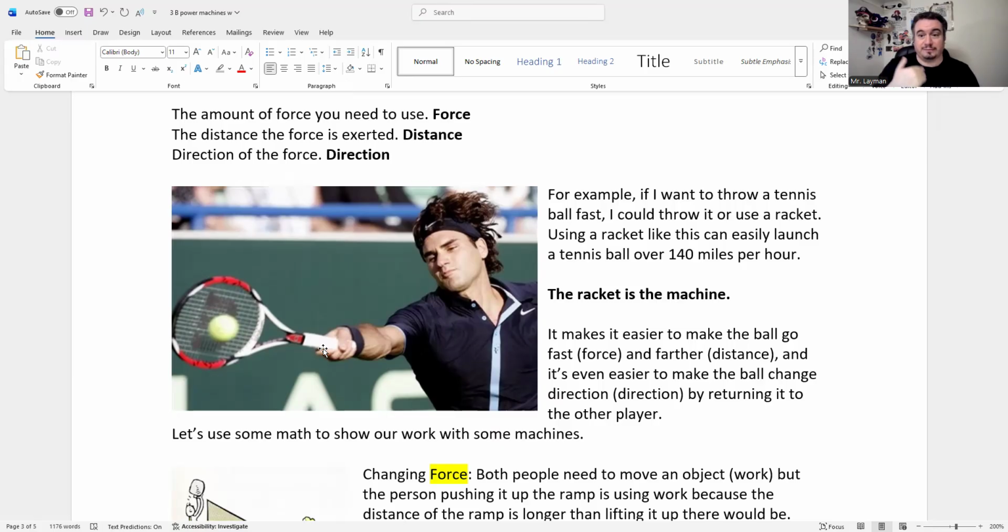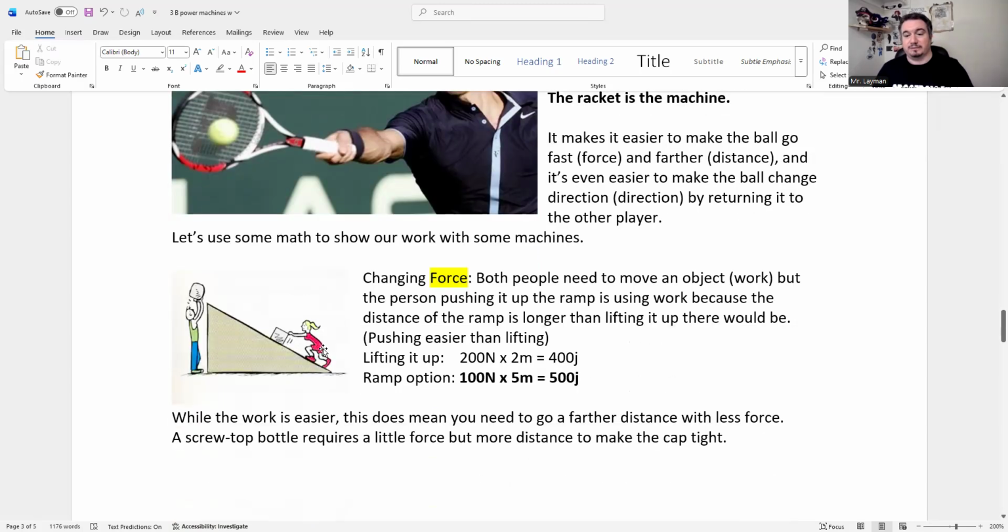The amount of force that I've exerted on it is high enough that it not only goes quickly, it goes farther, but also the ball's direction changes. If you hit the ball to me, I'm going to hit it back and the direction is going to change. In this case, you return it to the other player, or you hit the tennis ball really hard and it flies out of the whole court. But let's use some math to show our work with some of these simple machines. Okay, so here we can see we're changing the force.